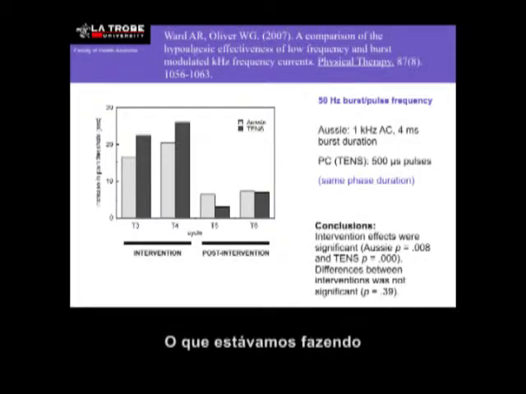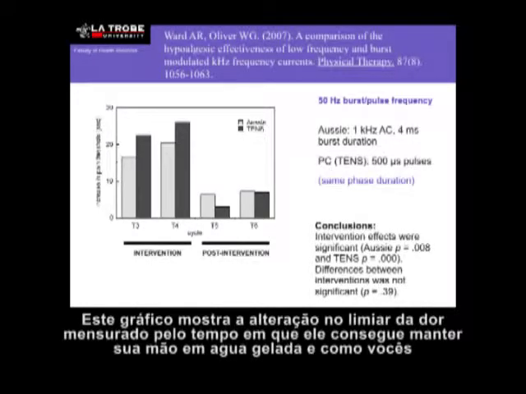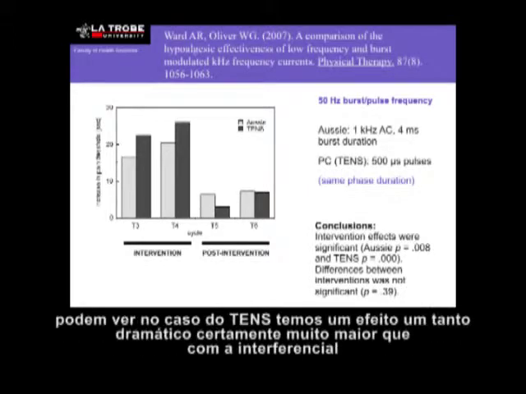What this graph is showing is the change in the pain threshold, simply measured by how much longer they would keep their hand in the ice-cold water. As you can see, in the case of TENS, we get quite a dramatic effect, certainly a much bigger effect than with interferential.